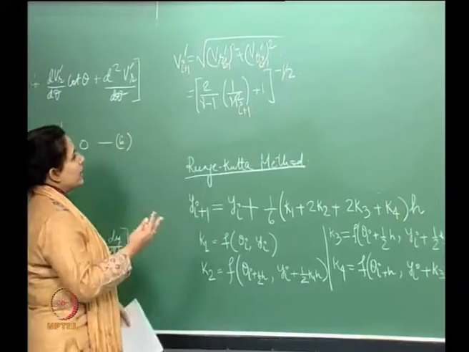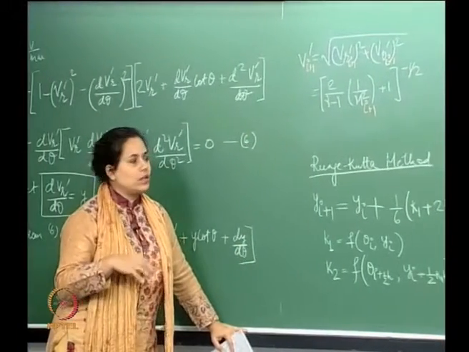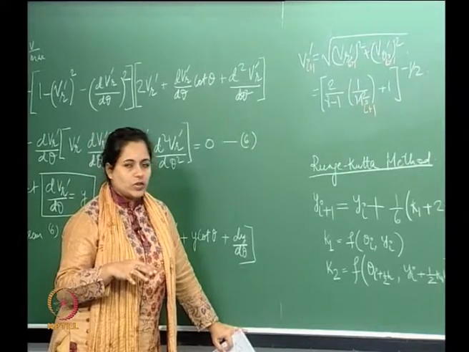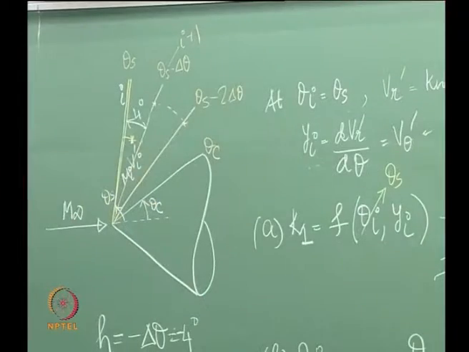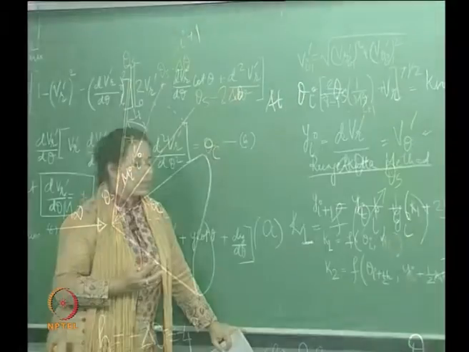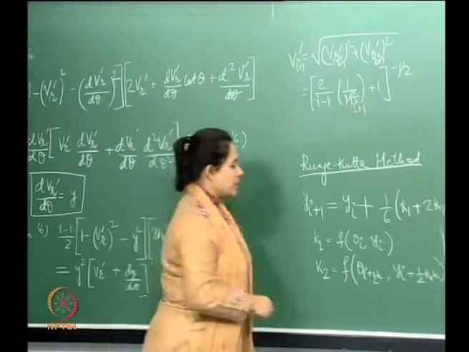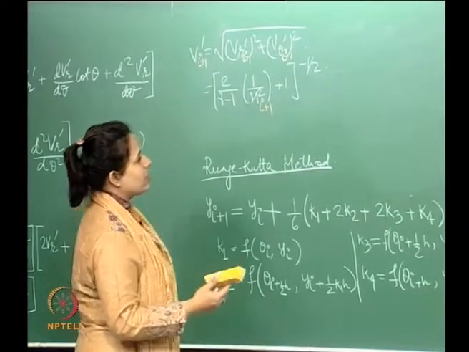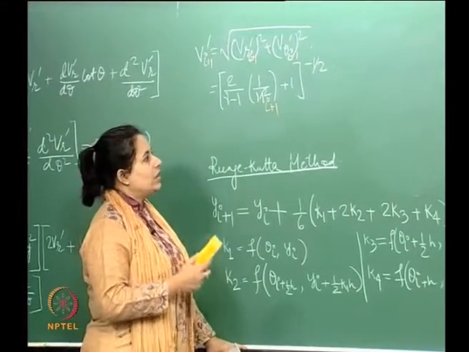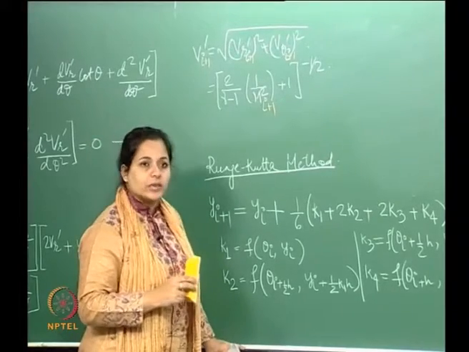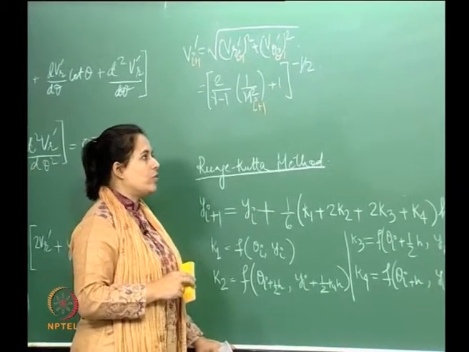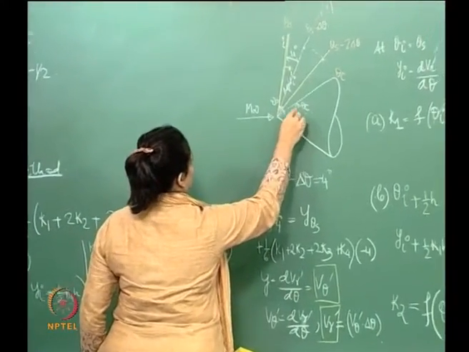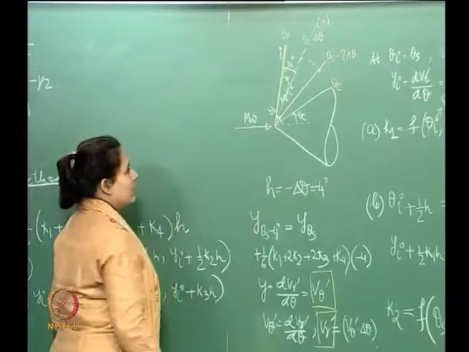Now, if you implement this using a computer program, let us look at some of the results that you might get. This is something you should do as an exercise and see if you agree with me. We have done the 2D wedge part, so we have a theta beta M relationship between the cone angle, the shock angle and the Mach number.